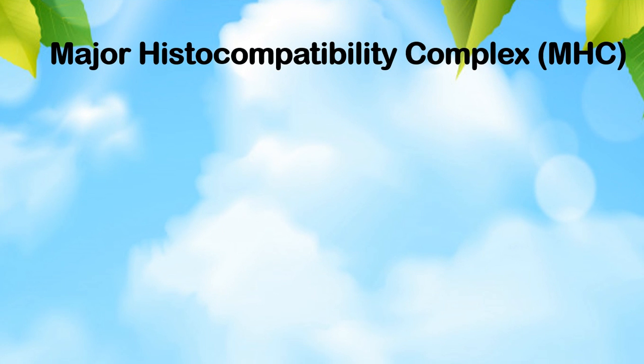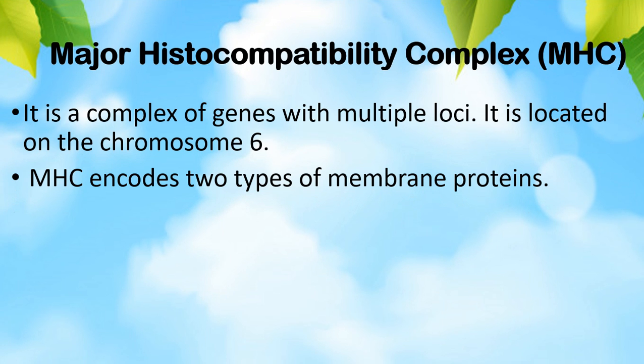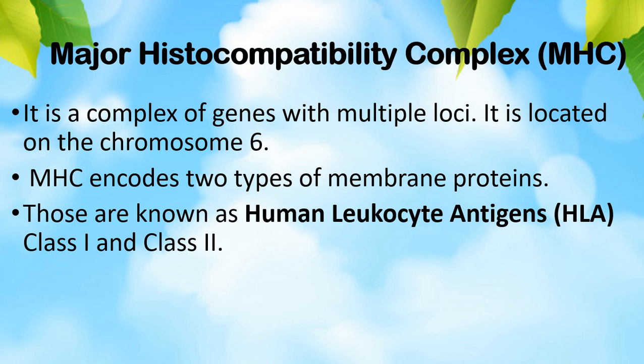Next we can see the major histocompatibility complex, that is MHC. It is a complex of genes with multiple loci. It is located on the chromosome, and the MHC encodes two types of membrane protein, known as human leukocyte antigen, HLA class I and HLA class II.